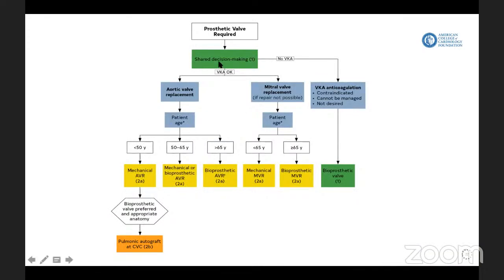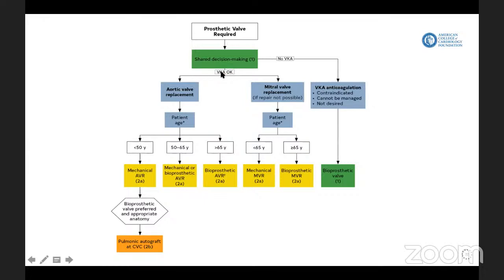So for shared decision-making for prosthetic valve choice, if the patient has a contraindication to vitamin K antagonist anticoagulation, or it cannot be managed or is not desired, then go for a bioprosthetic valve as a class 1.